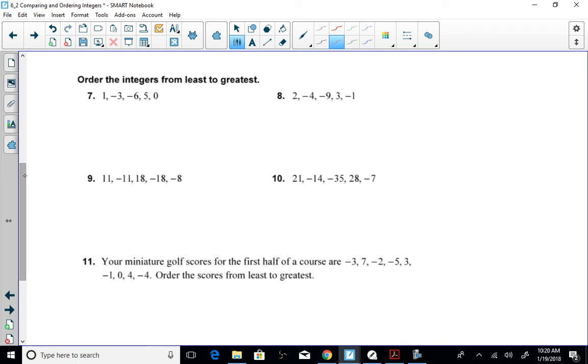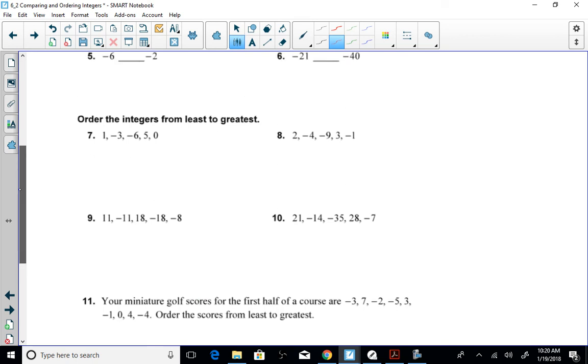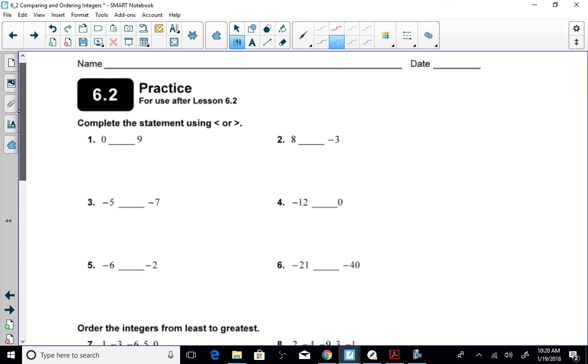Now you can rewind the video and pause the video to do these problems. Check your work. Stop the video right now and then pick it up when you are finished, and then we will check our answers.